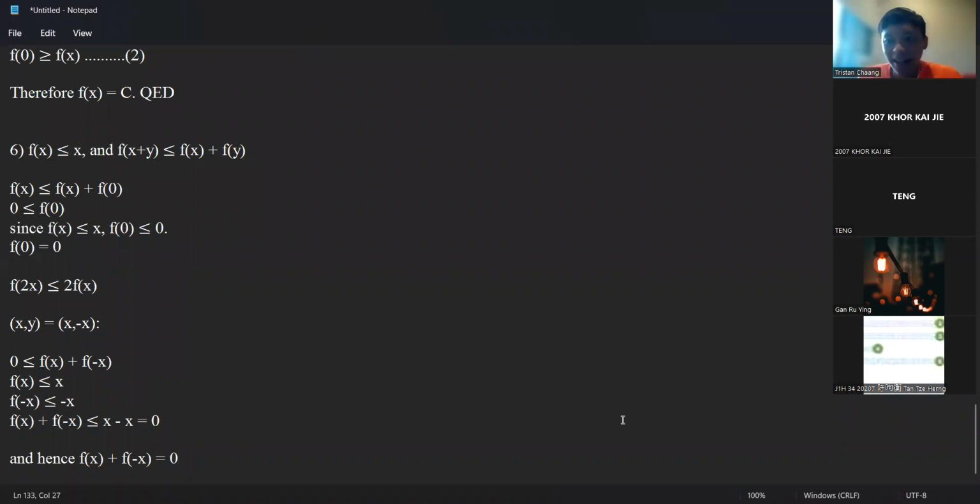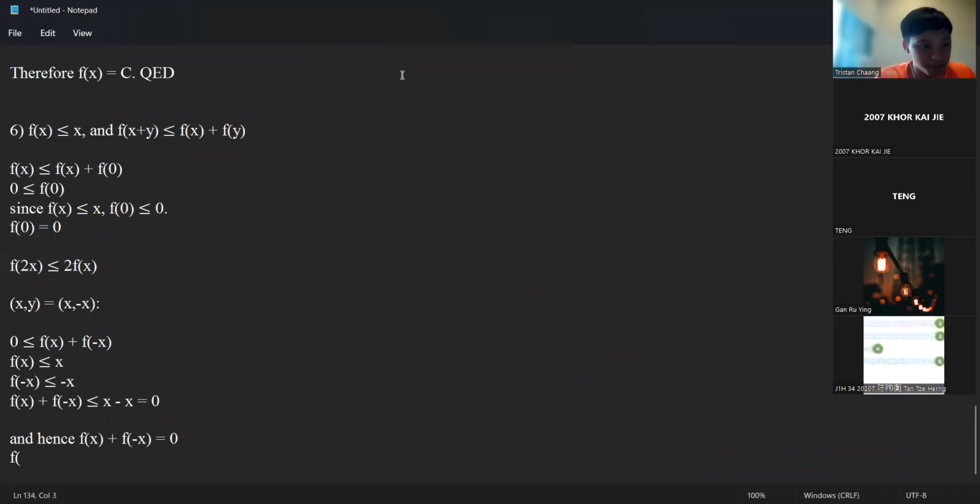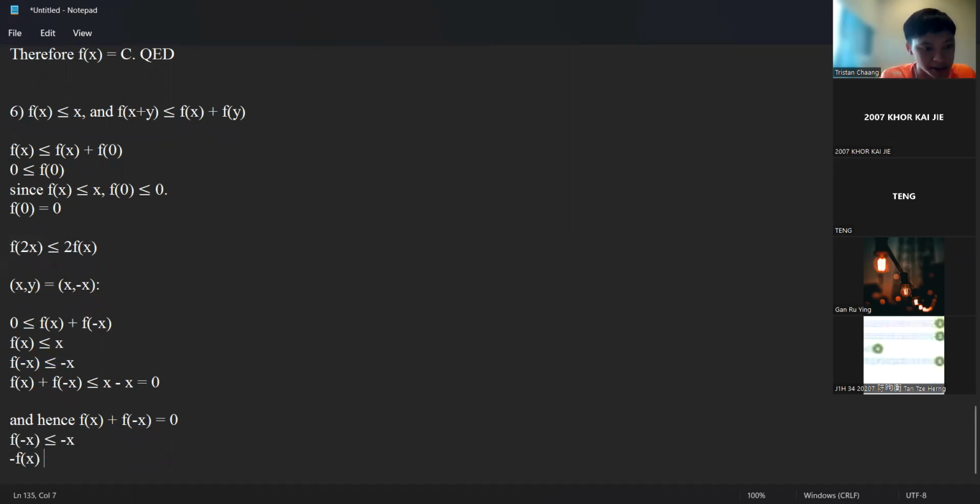Okay, there are a few ways to finish up the solution. And one of them is given by you: f is odd, so f(-x) less than or equal to minus x, meaning minus f(x) is less than or equal to minus x.